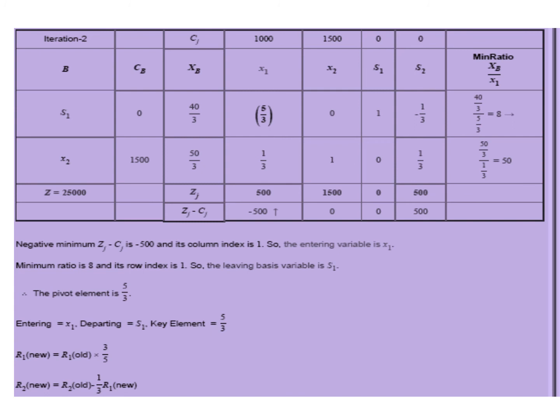So what we do, we compute in the same way the minimum ratio after having ascertained that the x1 column is the key column, and we note that s1 is the leaving variable. Here r1 new is computed by r1 old divided by 5 by 3, and r2 new is computed by subtracting 1 by 3 r1 new from the old r2.